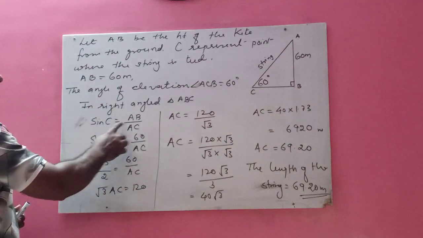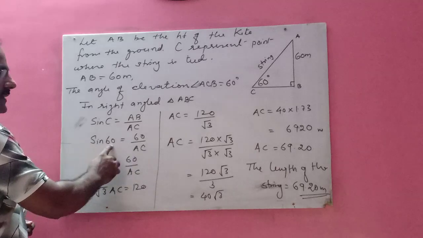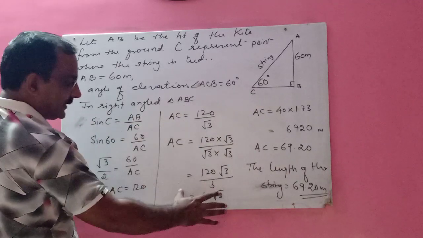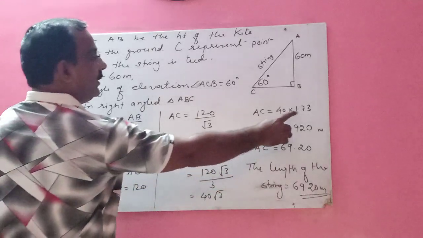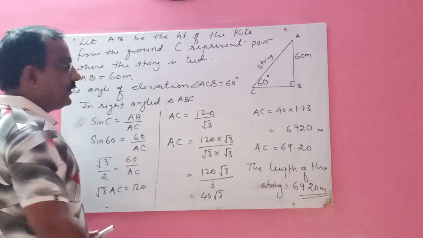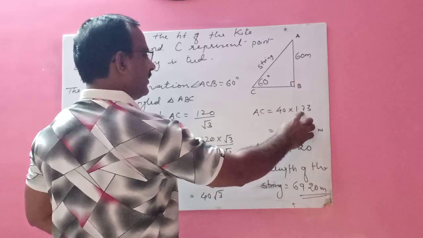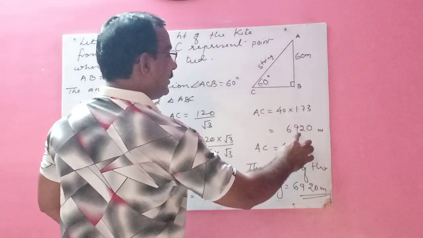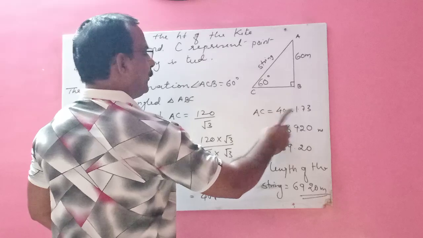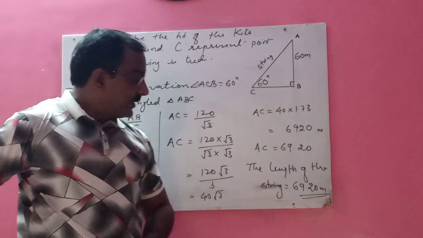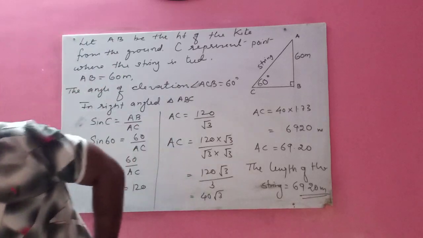So sine C is equal to AB upon AC, sine 60, because this is 60. Put all these values, do like this, 40 root 3 you will get. Value of root 3 is 1.73, so the length of the string is 69.20.